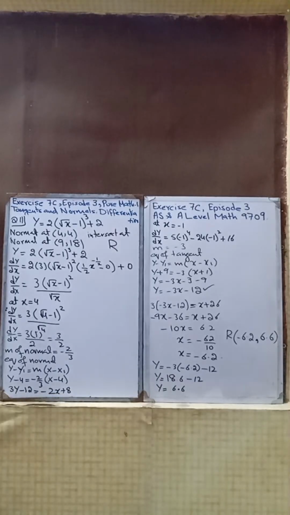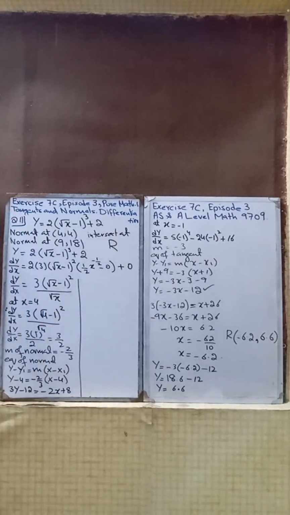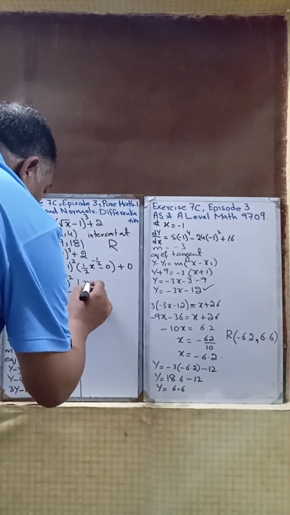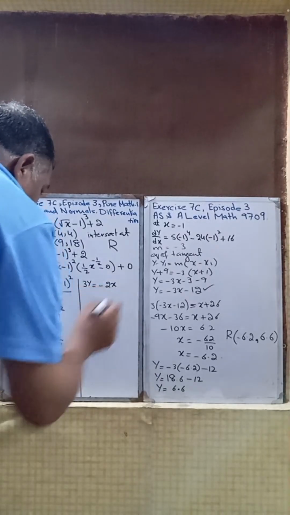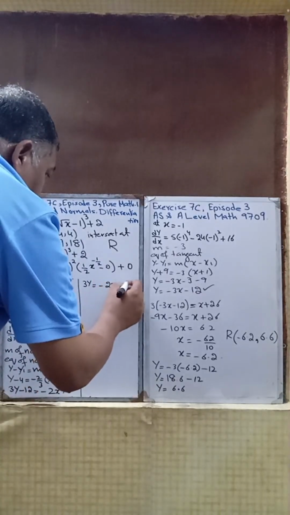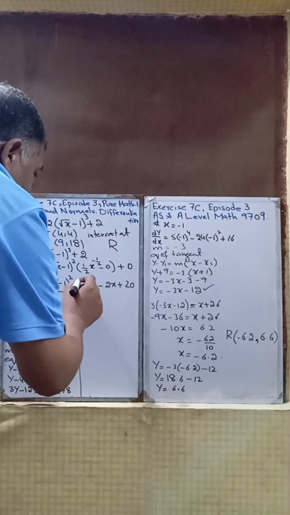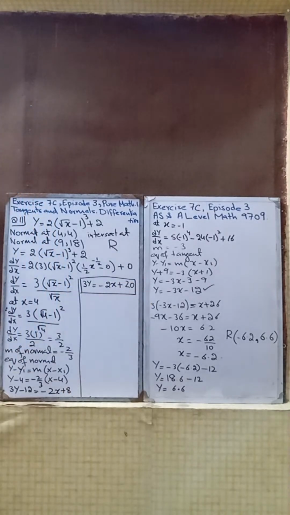Now, the equation of the normal will become, this minus 12 will go to the other side, so 3y equals minus 2x plus 12 plus 8, and it will become plus 20. So this is the equation of the normal at the point 4 comma 4.